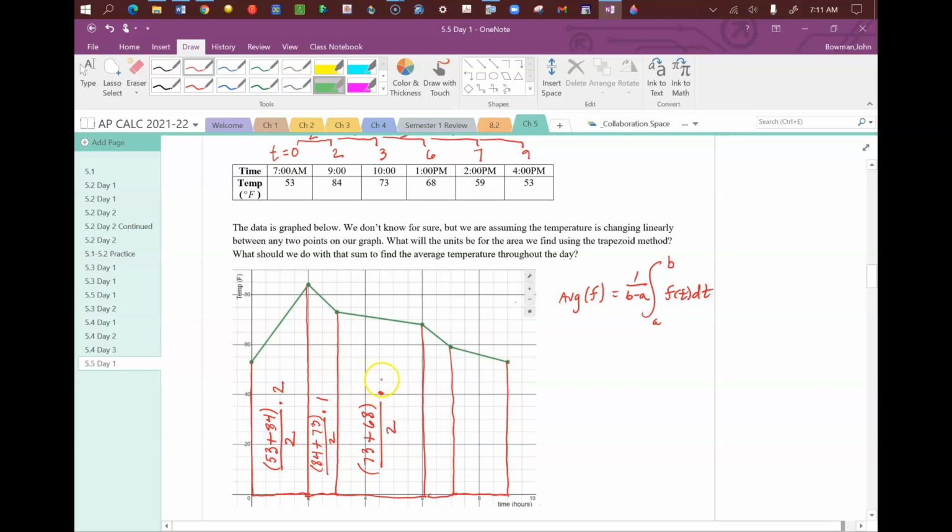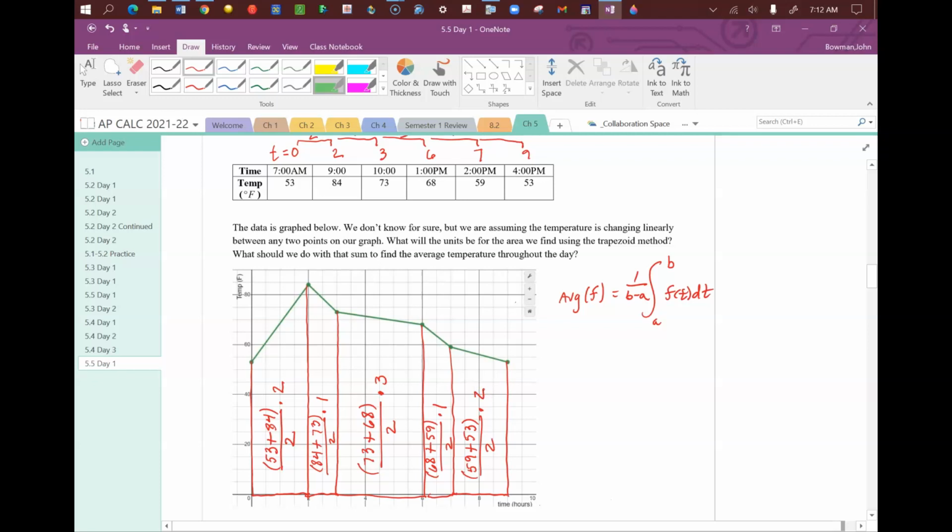The distance between those two bases is 3. The next one, base of 68 plus a base of 59. Divide that by 2 and multiply that by 1. And the last one, we have a base of 59 plus a base of 53. Divide that by 2 and multiply that by 2.